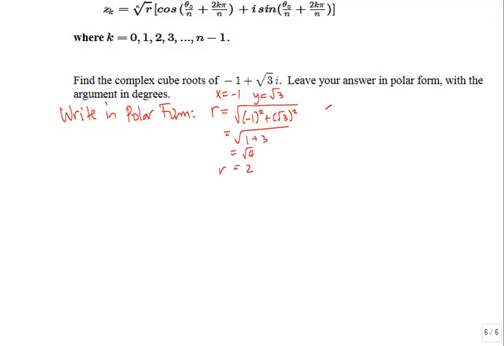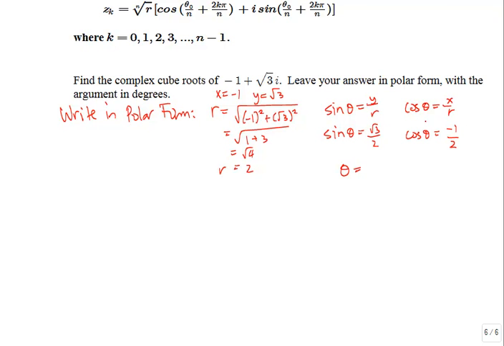To get our angle, sine of theta is the y over the r, and cosine of theta is the x over the r. So in this problem, y was √3 and r was 2, and x was -1 and r was 2. So what kind of an angle has the cosine being -1/2, and the sine being positive √3/2?